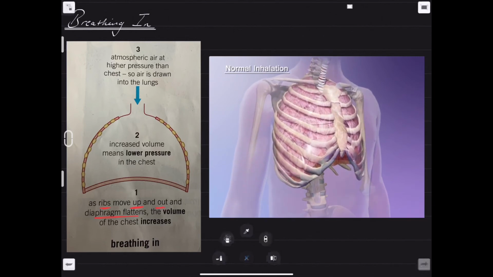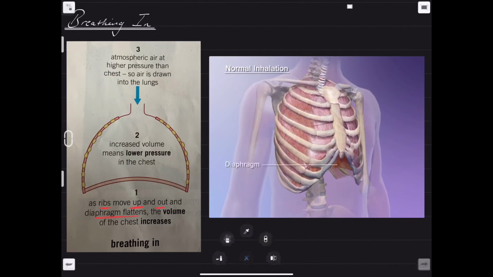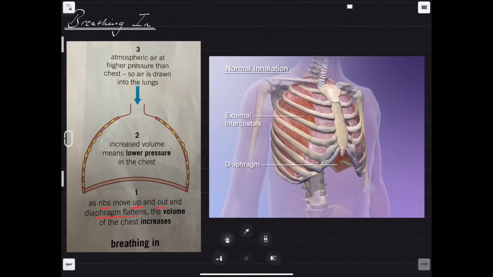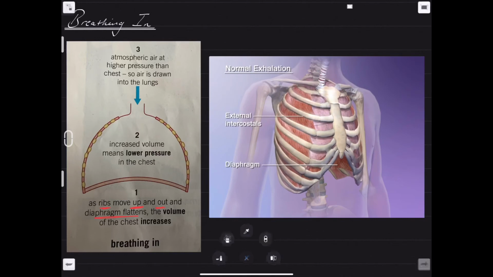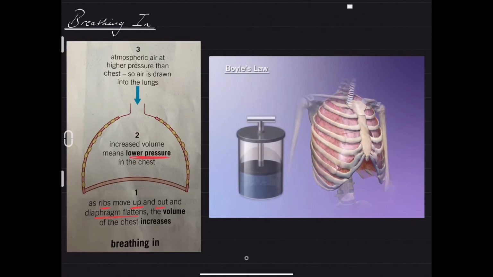So once the ribs move up and out and the diaphragm has flattened, and you'll see why it's flattened in comparison to the next image, this causes the volume of the chest to increase. Now, step 2. Because the volume of the chest has increased, we have a lower pressure in the chest now.